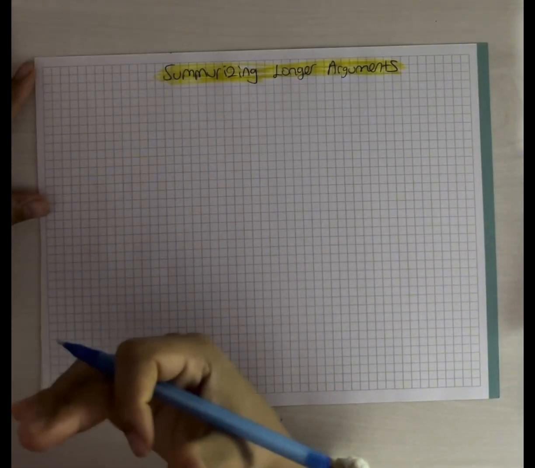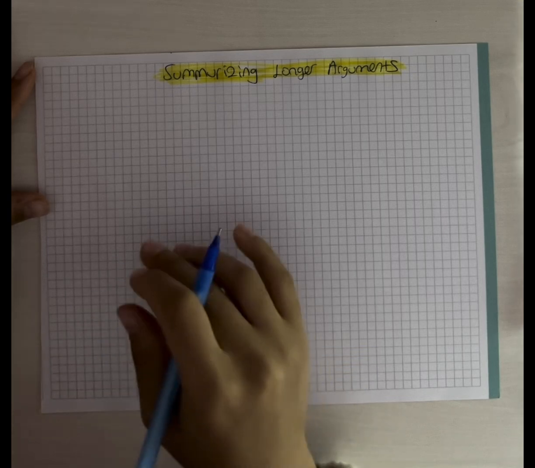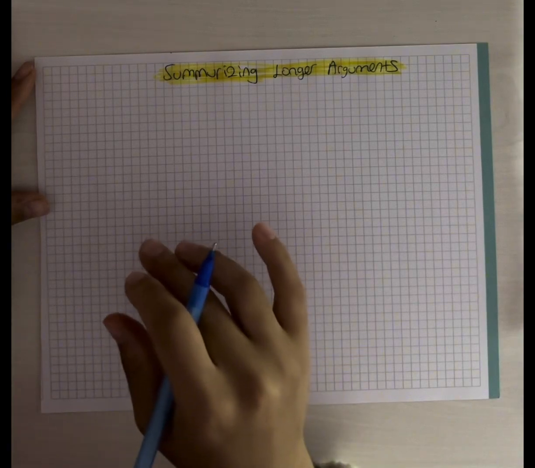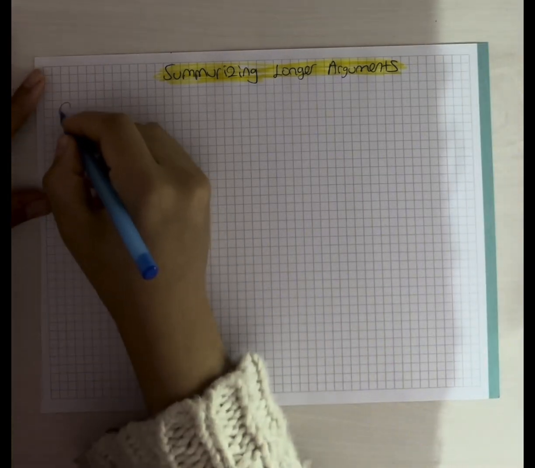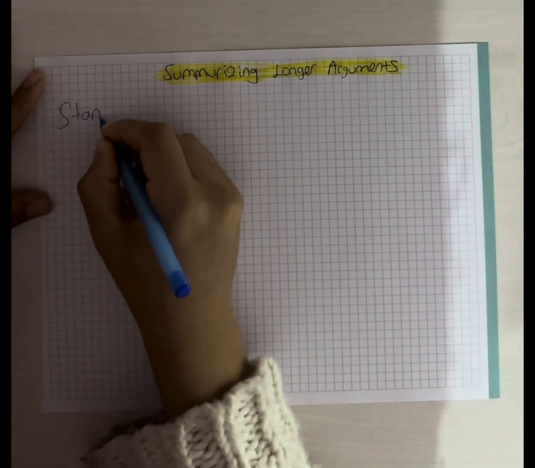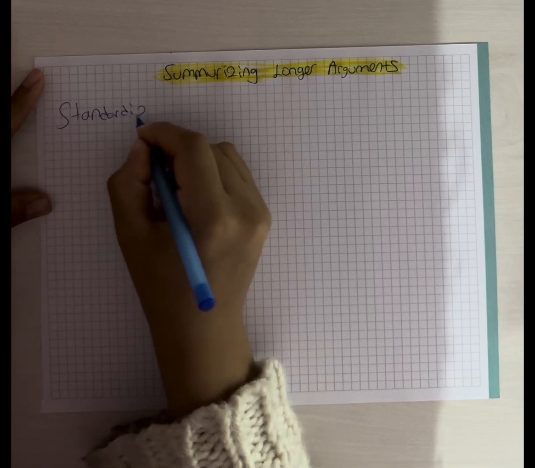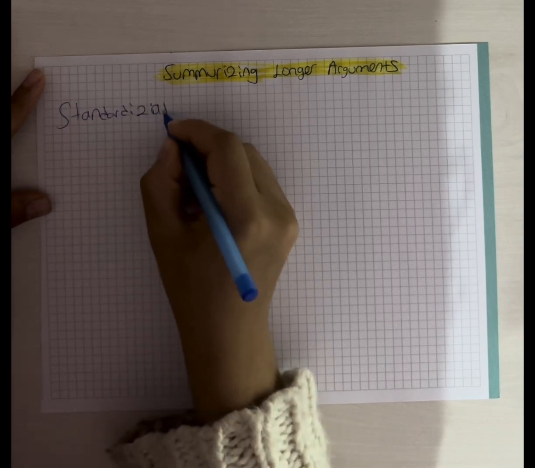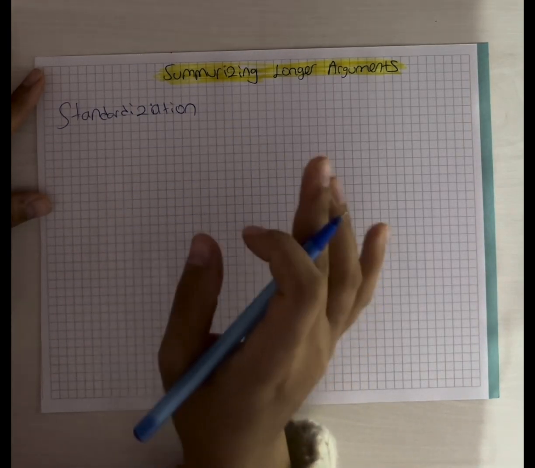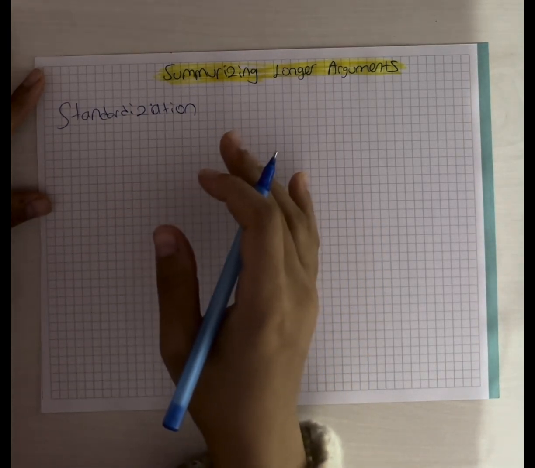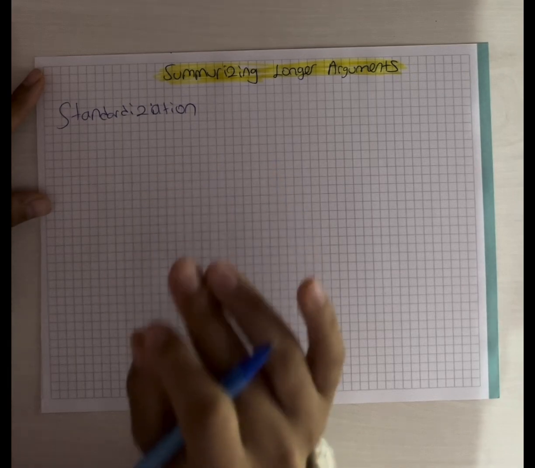Summarizing longer arguments. The method introduced for summarizing longer arguments is called standardization, which involves restating an argument in standard logical form.